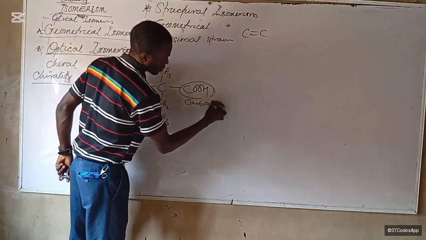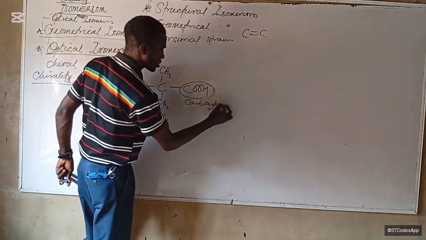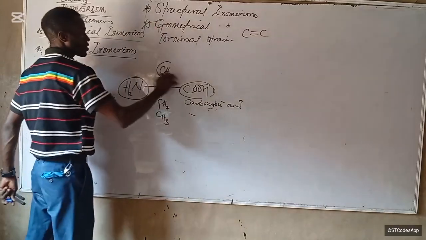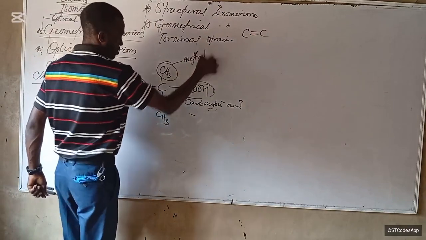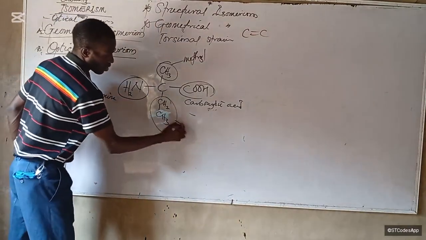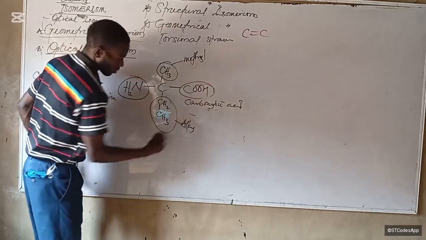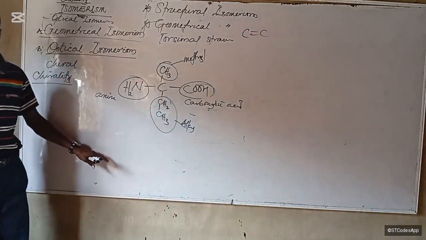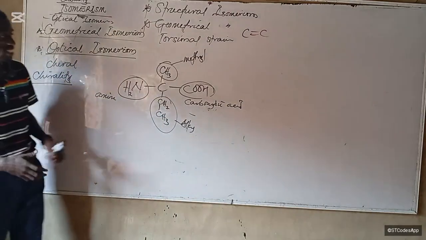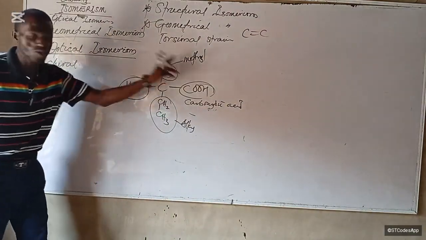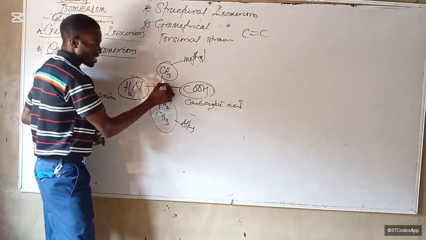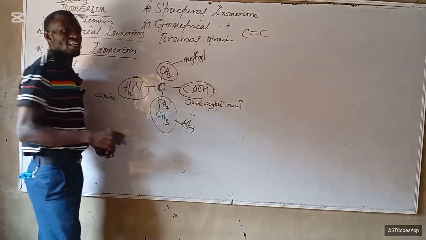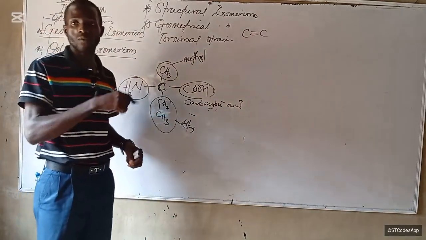Carboxylic acid. What group is this? Alkyl, but this time methyl, right? What group is this? Also alkyl, but there are 2 different types of alkyl here. So you see that there are different groups surrounding this carbon, so this carbon here is a chiral carbon.